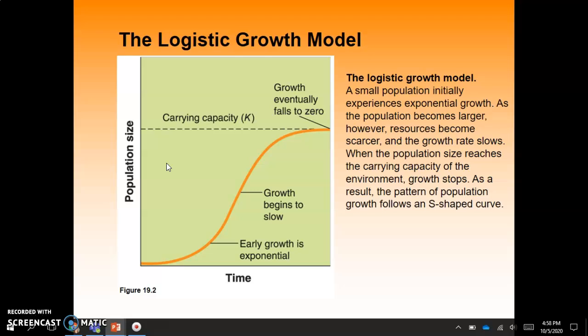Some organisms, especially some bugs like cockroaches, will go through something called boom and bust cycles, where instead of really getting to a point where they will stabilize, they will overshoot, die off, overshoot, die off, overshoot, and then die off. And this is called boom and bust because they boom above their carrying capacity and they will bust and come down below it.